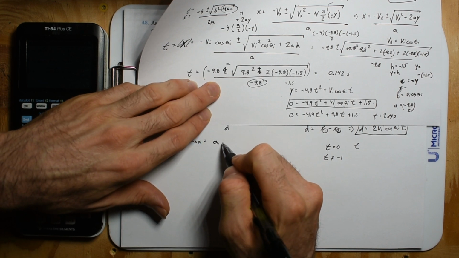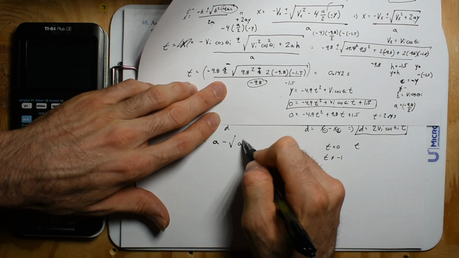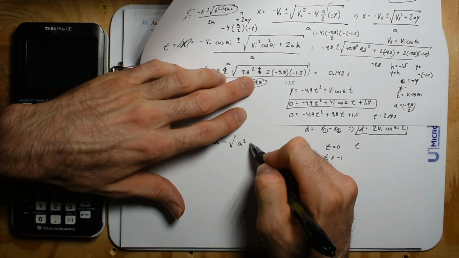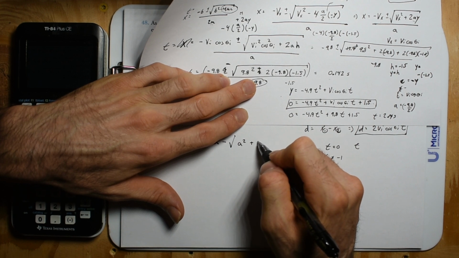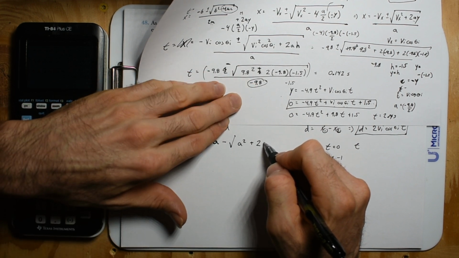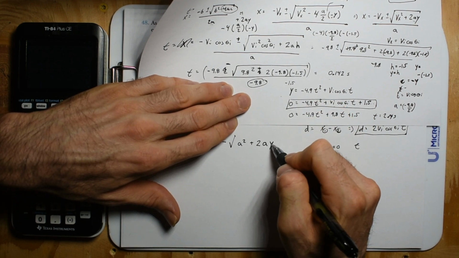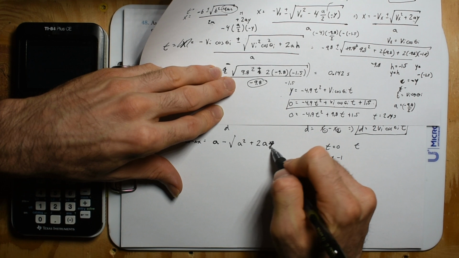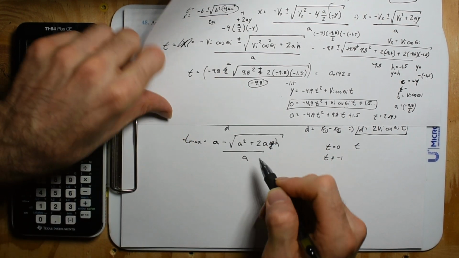We have the acceleration minus the square root of acceleration squared plus 2 times the acceleration times our height, divided by the acceleration.